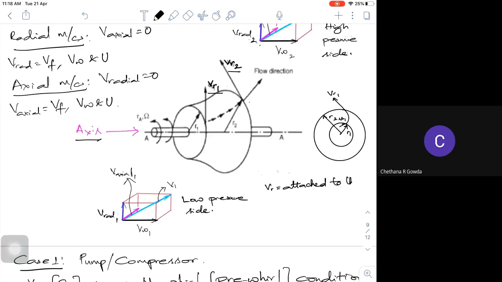The radial velocity, the relative velocity, is always attached to the blade.